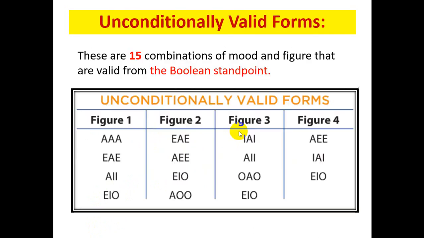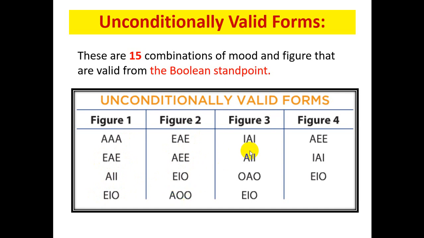What about these charts? We have here the first table, which represents the 15 combinations of mode and figure that are valid from the Boolean standpoint. For figure 1, we have AAA, EAE, AII, EIO. For figure 2, we have EAE, AEE, EIO, AOO.